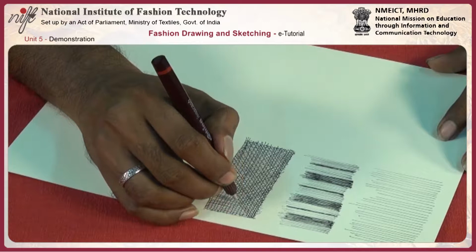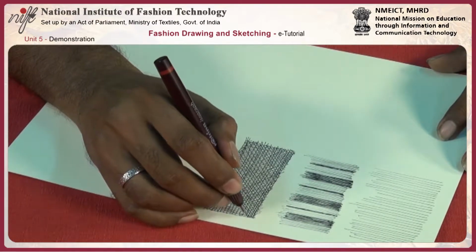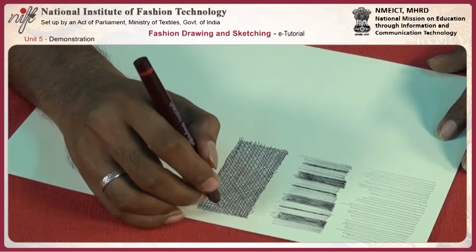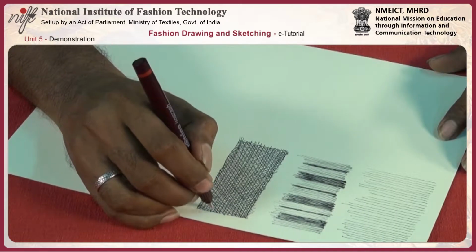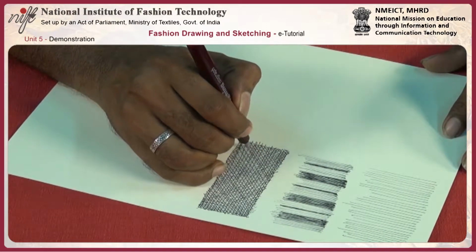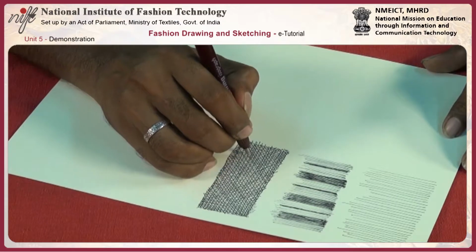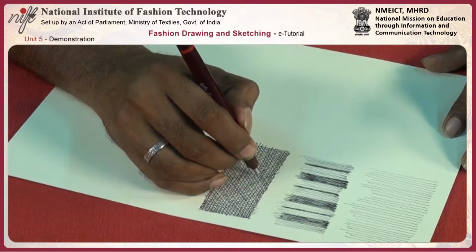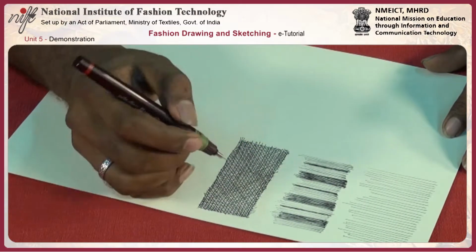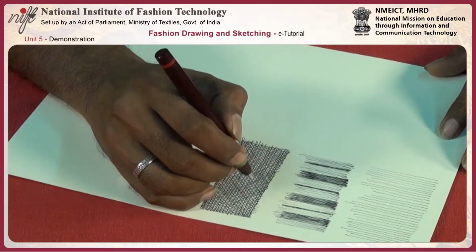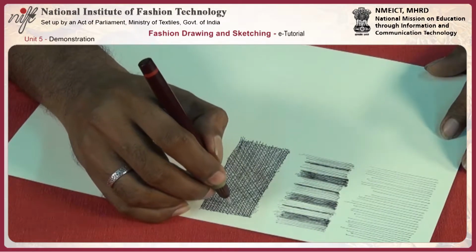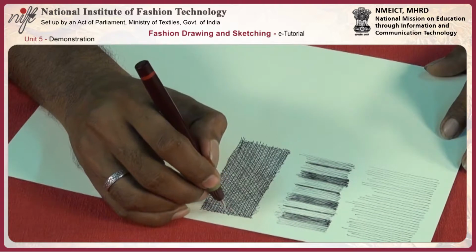While using a rapidograph pen, it is up to the illustrator to decide on the distance between the parallel lines, the variations that one can introduce by using different pens, and so on. Most of the illustrators use this cross-hatching method to make the renderings interesting to the viewer.